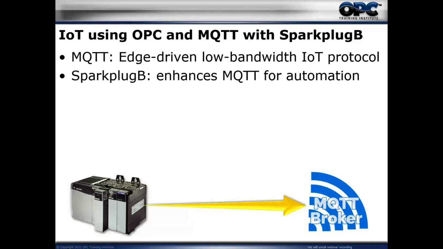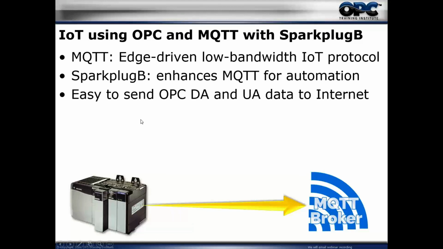So SparkplugB, as far as automation is concerned, is extremely important for MQTT. So much so that, again, in my opinion, not having SparkplugB with MQTT makes MQTT rather irrelevant for automation. And sure enough, when we see automation and MQTT, we see a lot of SparkplugB.